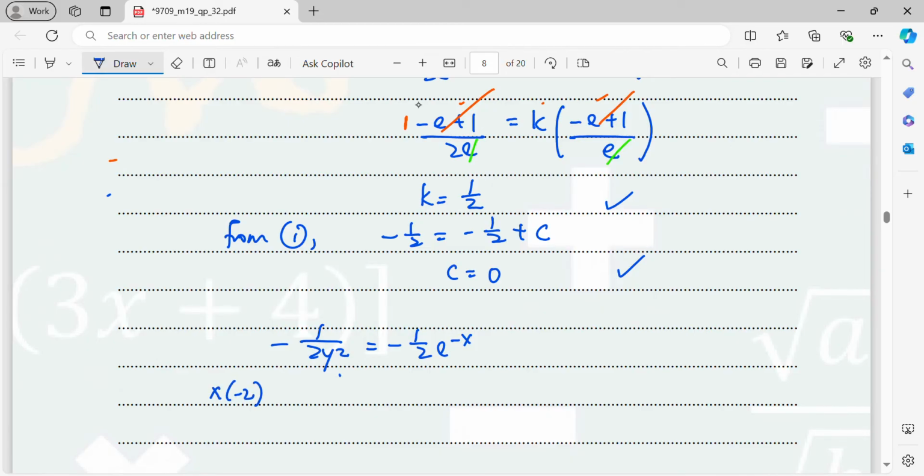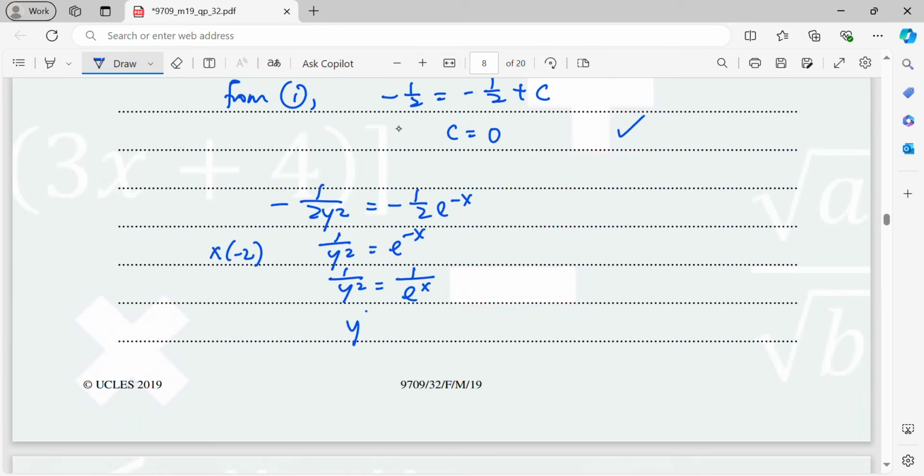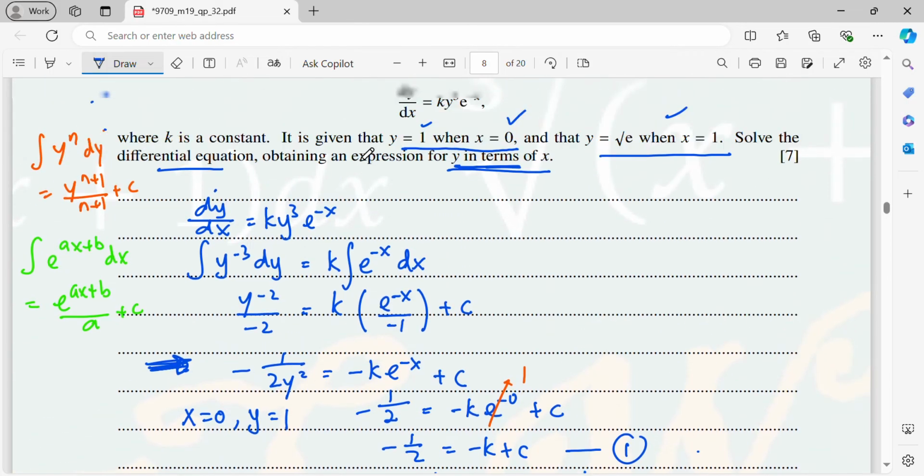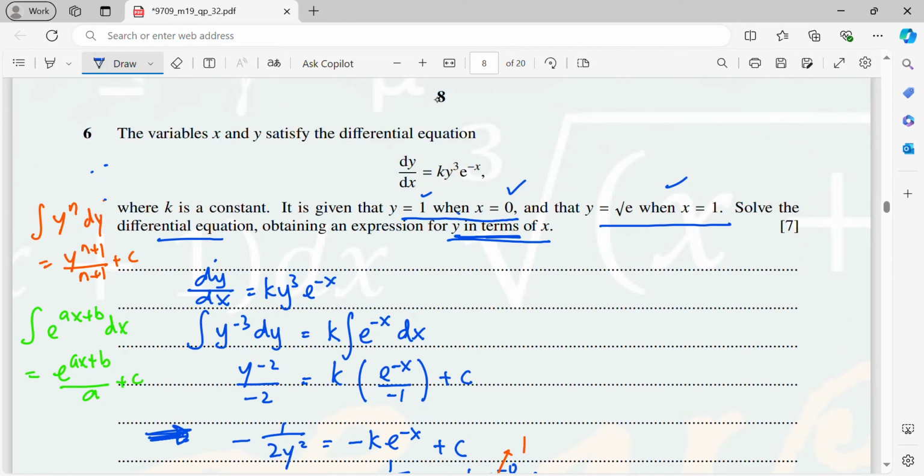Therefore, you will be getting 1 over y squared equals e negative x. So e negative x is actually 1 over e^x. So 1 over y squared is 1 over e^x. Therefore, from here, my y squared is e^x. And now the question is asking for y and not y squared.